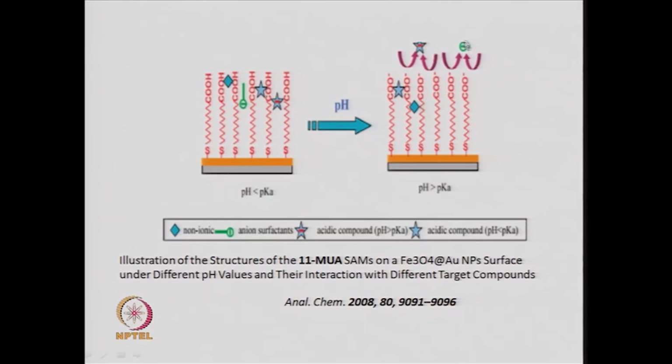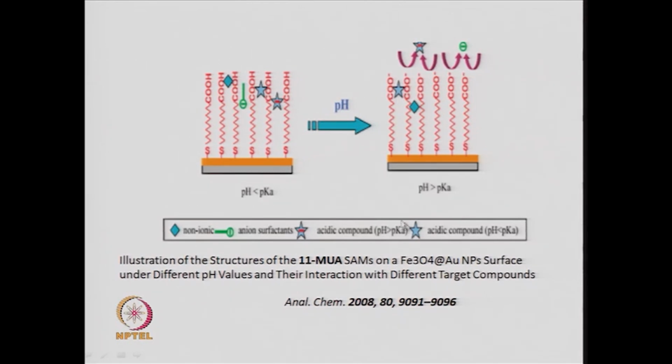Similarly, these acidic compounds whose pH is greater than pKa will be having O minus charges, and hence they will also not be amenable to be adsorbed or bound to the surface, because the surface itself has negative charges. So, this is like a filter where out of these 4 molecules only 2 will be bound to the surface, whereas the other 2 will be released.